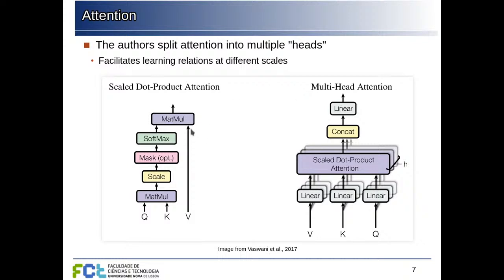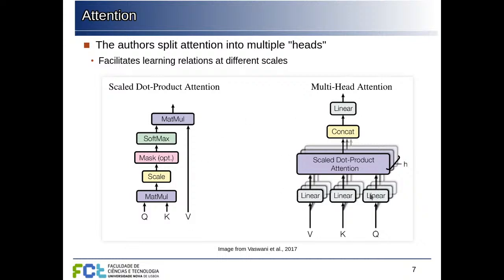The multi-head attention is merely an extension of this. We are going to project this with linear layers into several blocks. We're going to use for each block the scaled dot product attention, so this block here for each head in this multi-head attention, and then we're going to concatenate and project again to the same dimension.